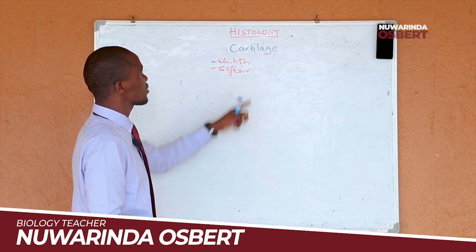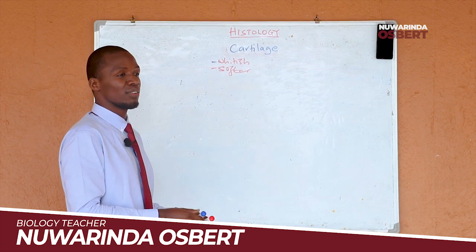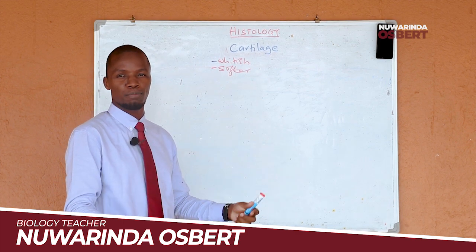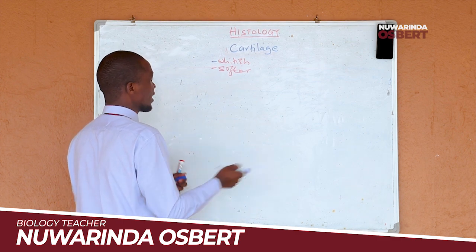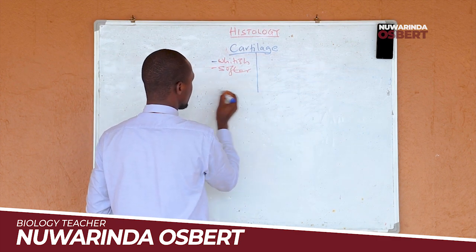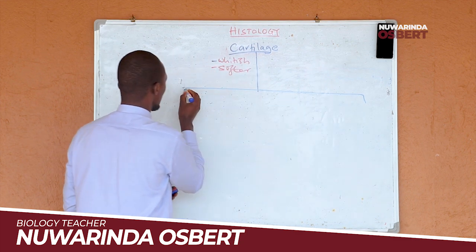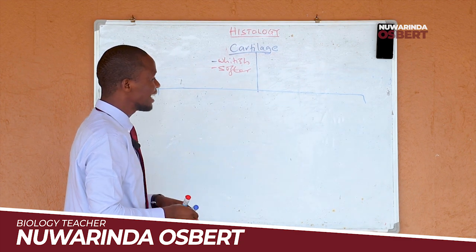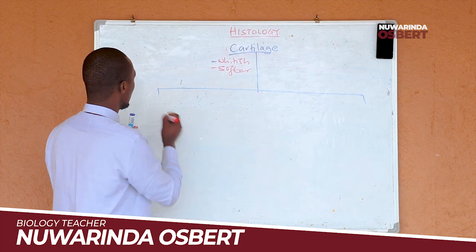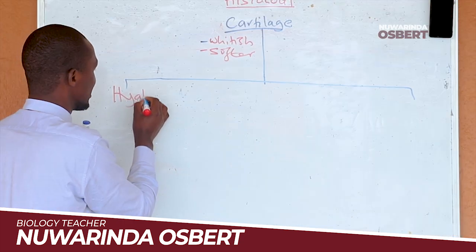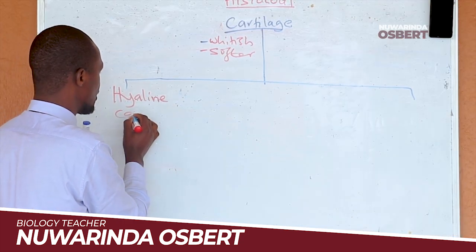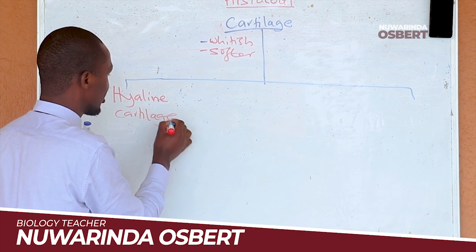For example, we are now saying cartilage is divided into three types. We have got 3 types of cartilage. What are those types? We have got hyaline cartilage.